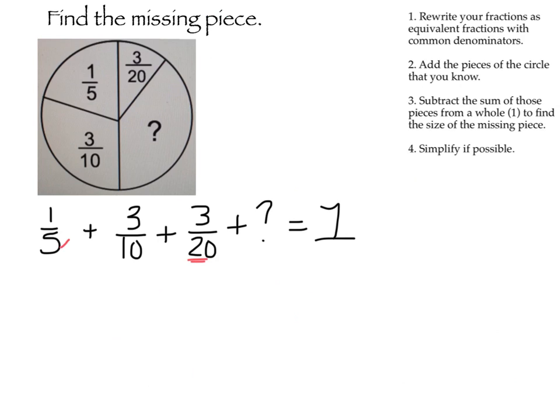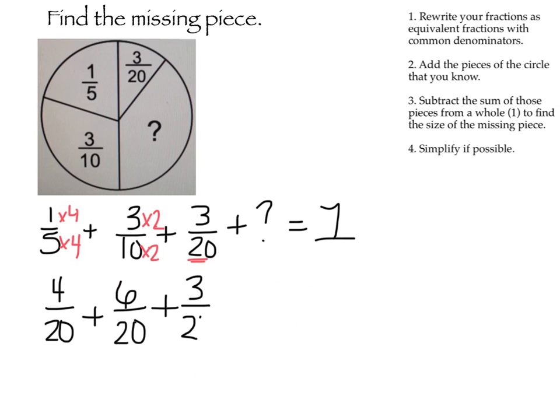All right, so 5 times 4 and 1 times 4 gives us an equivalent fraction of 4/20. Plus, let's multiply this one, numerator and denominator, both by 2. So 2 halves, and we end up with 3 times 2 is 6, and 10 times 2 is 20. And then 3/20 can stay just as it is.